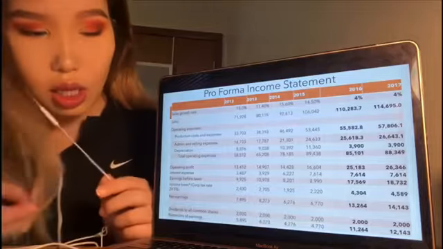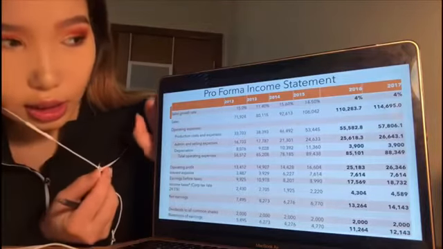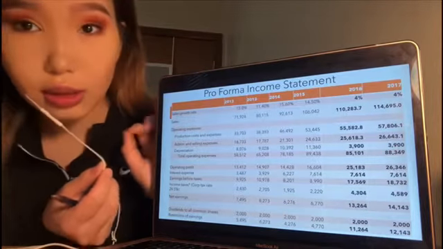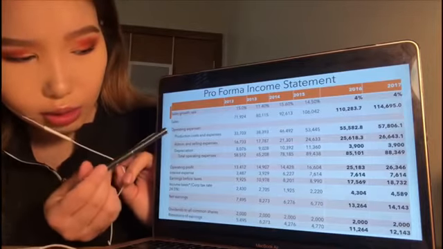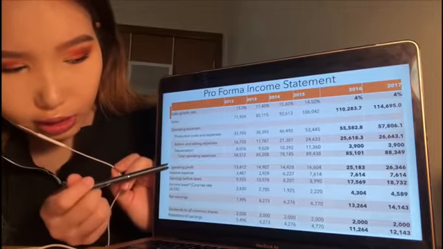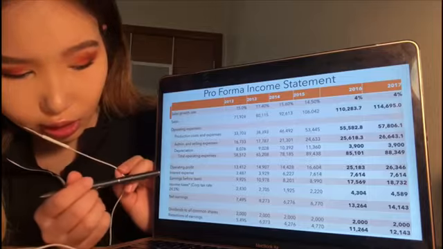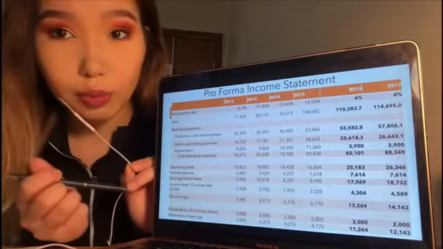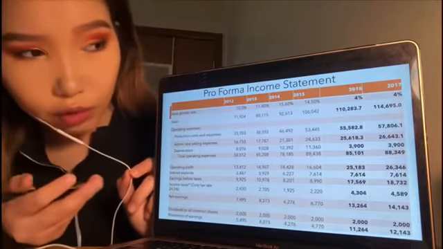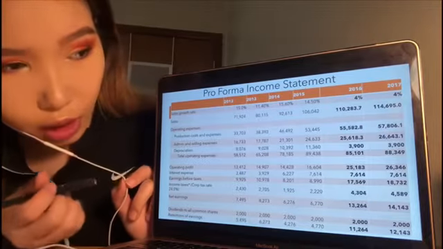And then, as for the income statement, basically everything related to sales, except depreciation and interest expense, both of which remained fixed for the 2 years.